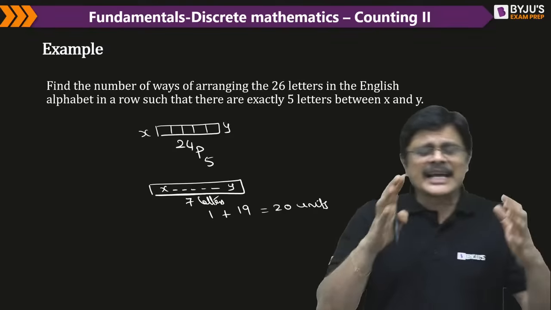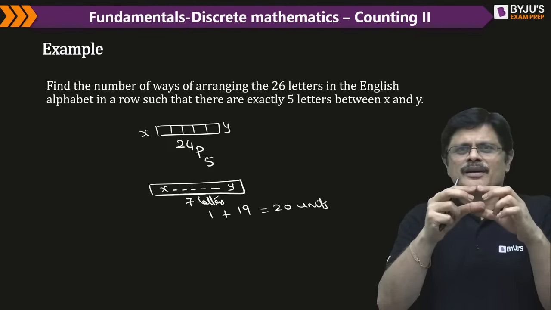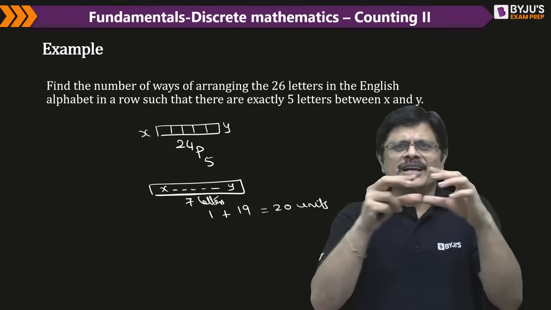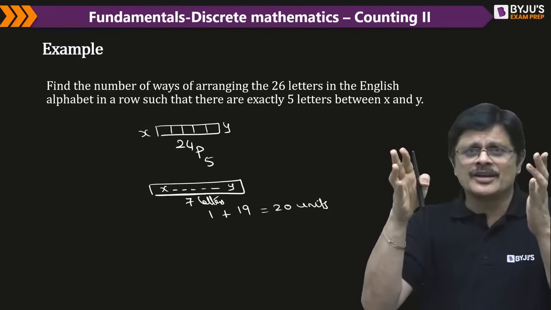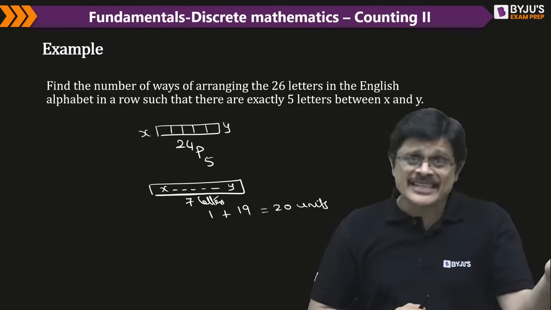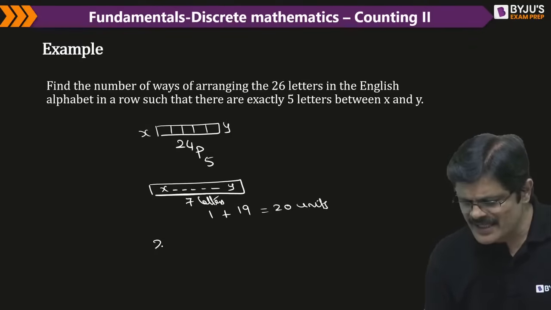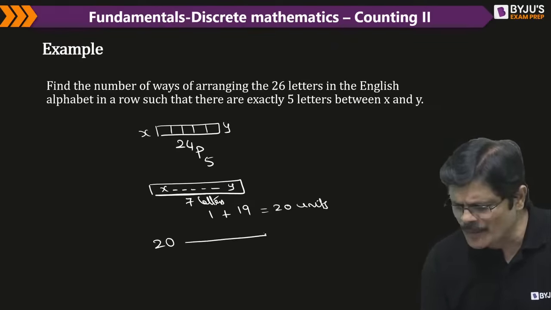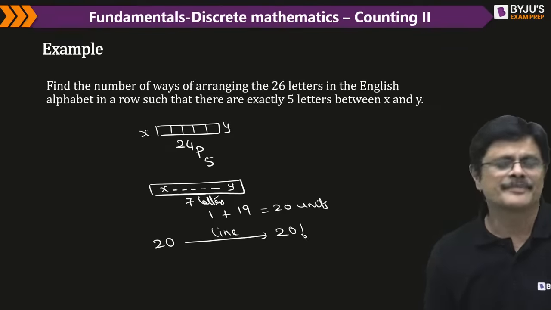And this XY block can come anywhere, but it will come as a single block. So, this block and the remaining 19 letters, these 20 can be arranged in how many ways? 20 factorial ways.